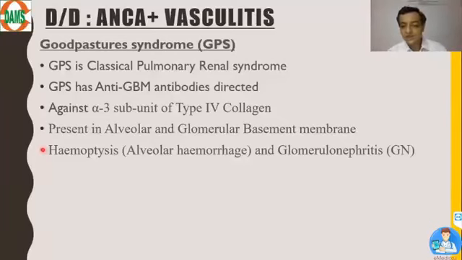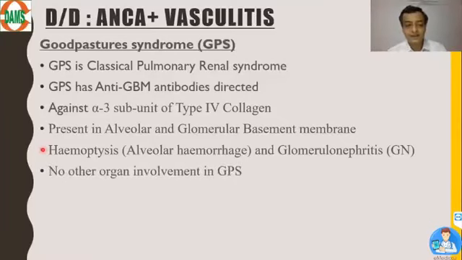There is no other organ involvement in Goodpasture syndrome. Only two organs are affected. Hence it is called the classical pulmonary renal syndrome.